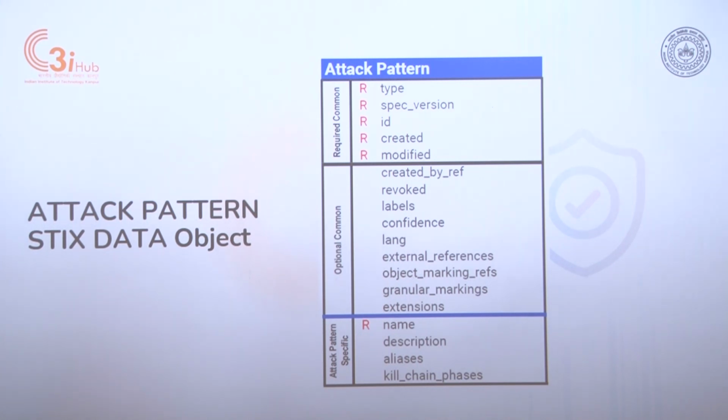These are indicators, right. So, let us say one company is saying that when you see these indicators, that is associated with this attack pattern, and this attack pattern is associated with a threat actor, let us say APT28, right.